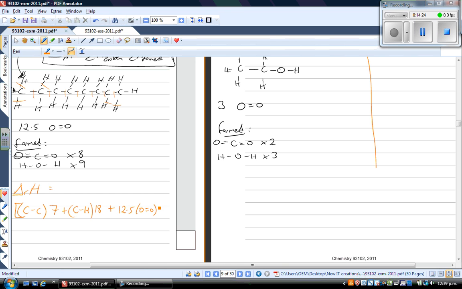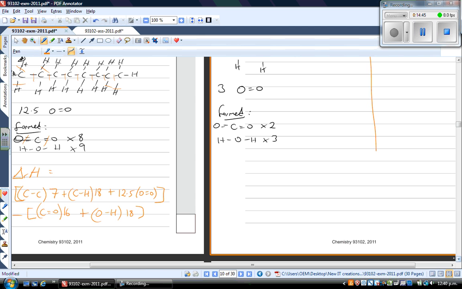Okay, so that's everything for the bonds broken. Subtract from that the total bond energy for the ones formed. So that's the C double bond O. You have 8 times 2 of those, that's 16 altogether. And then plus the OH bond in water, you have 9 times 2 of those, which is 18 altogether.